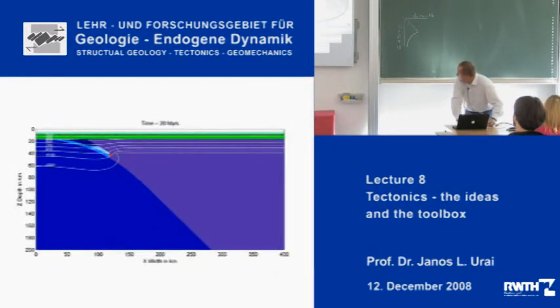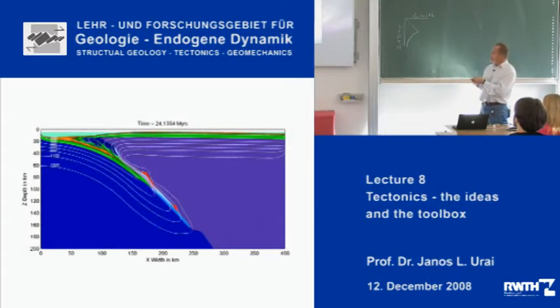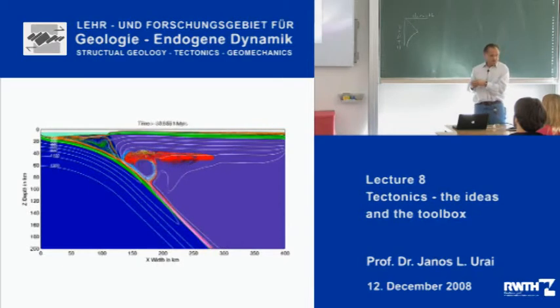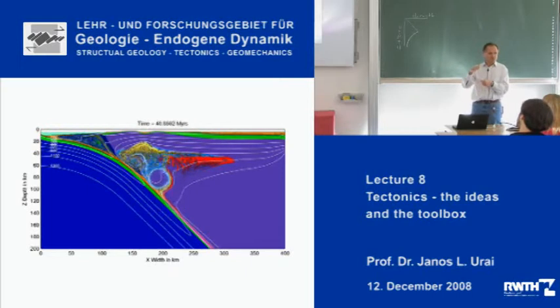And the final movie to be shown here is from the group in Zurich, where now the colors are different kinds of rocks, showing you a subduction zone, and the lines are the lines of constant temperature.